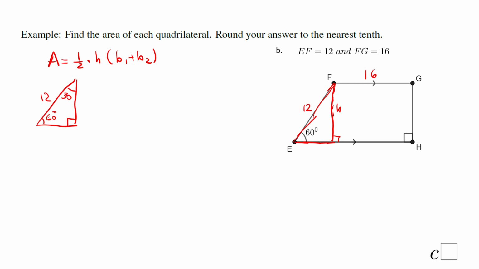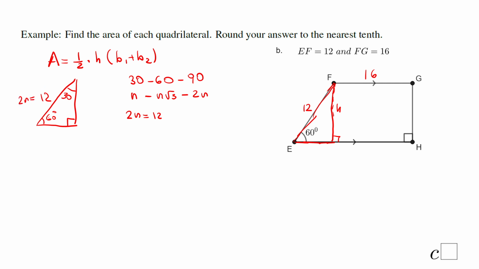So on this 30, 60, 90, what you should remember is that the opposite leg to the 30, let's say this one is n, this one will be n square root of 3, the opposite leg to the 60, and the longest one, the hypotenuse, will be 2n. So in other words, in our case, 2n equals 12, because this is the hypotenuse.